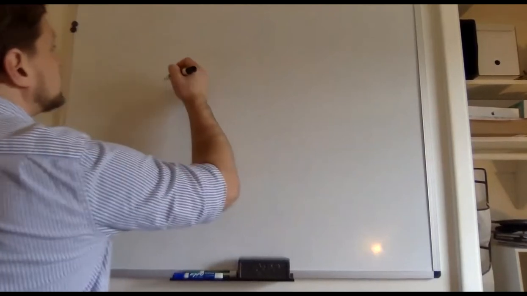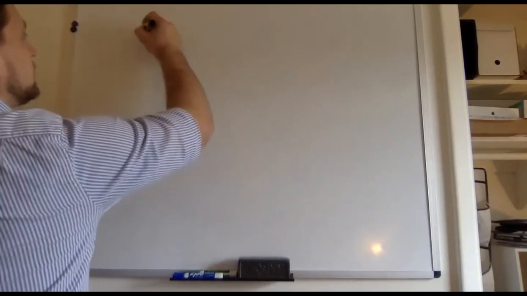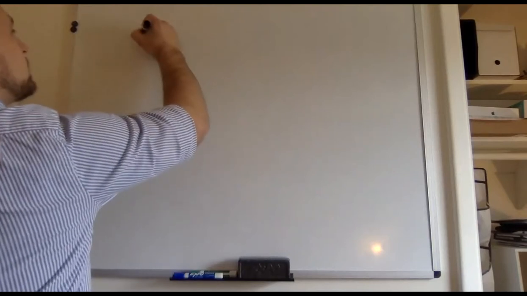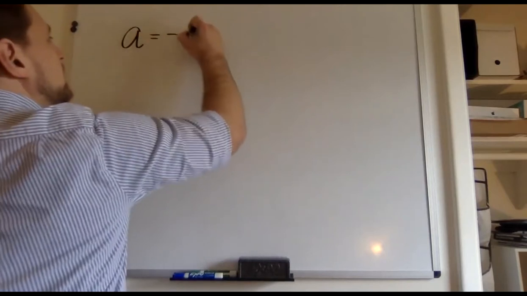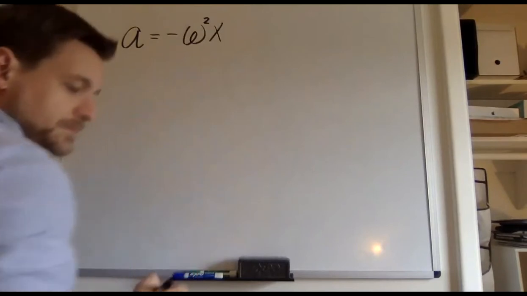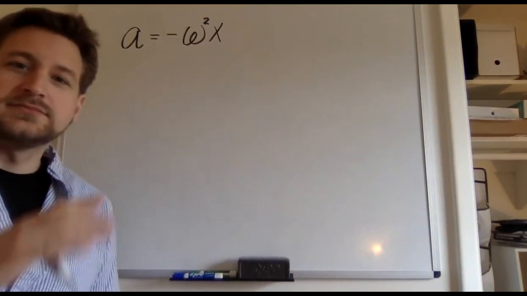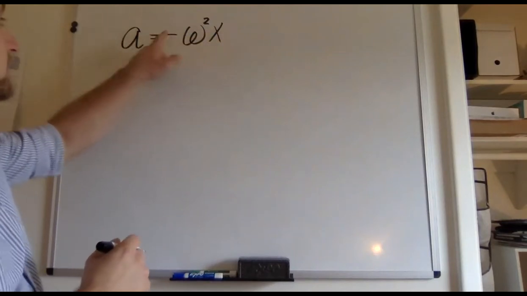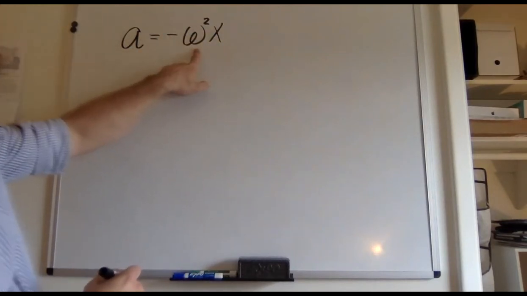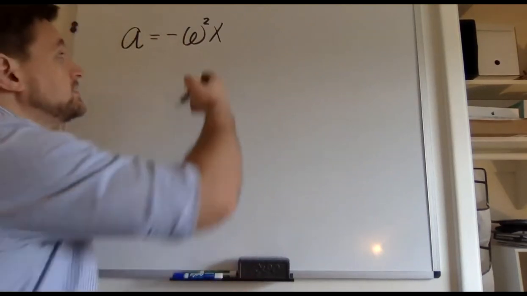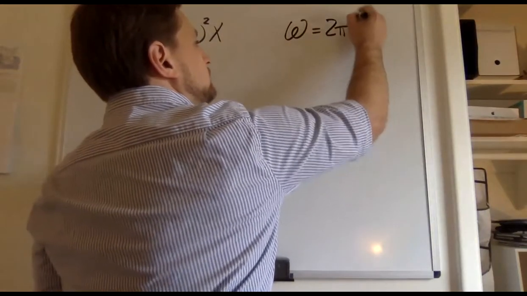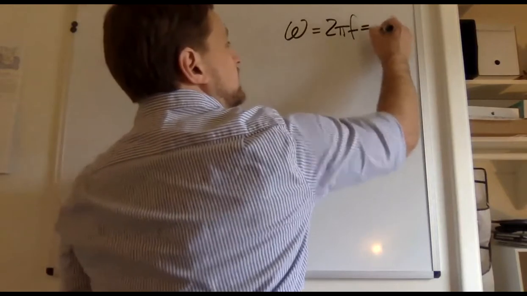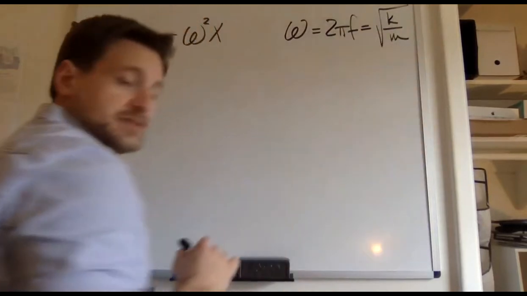Remember that we had said at one point that we have a differential equation to solve, and we ended up saying that the acceleration was negative proportional to the displacement, that as long as the acceleration and the displacement are negative proportional, the constant of proportionality is related to the angular frequency, and in the case of a spring, it was root k over m.